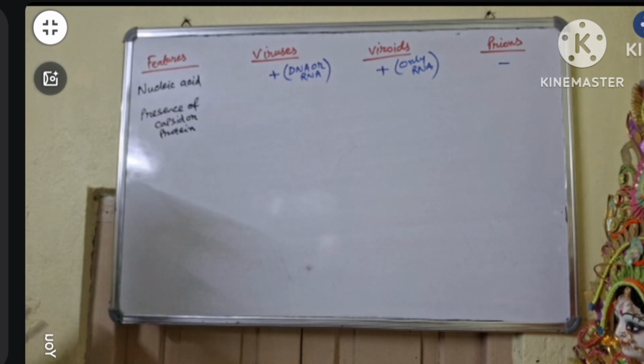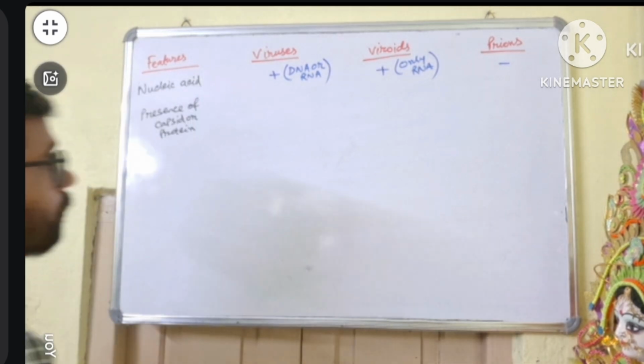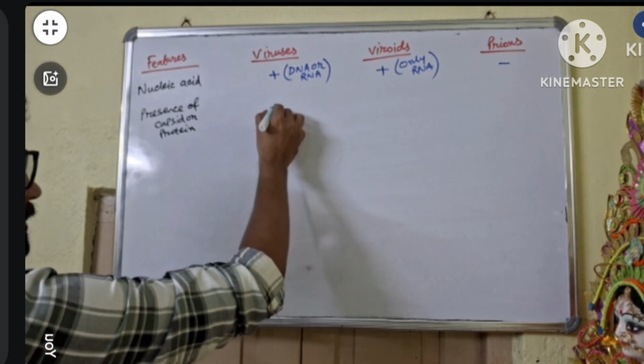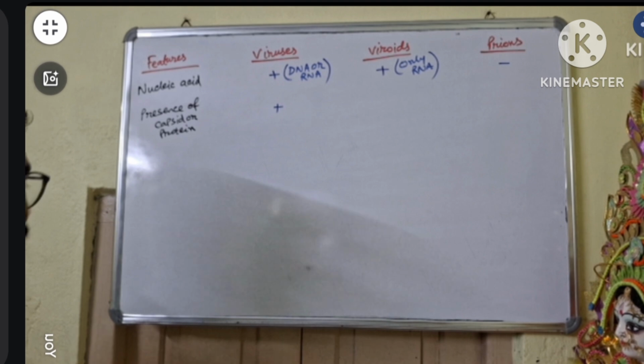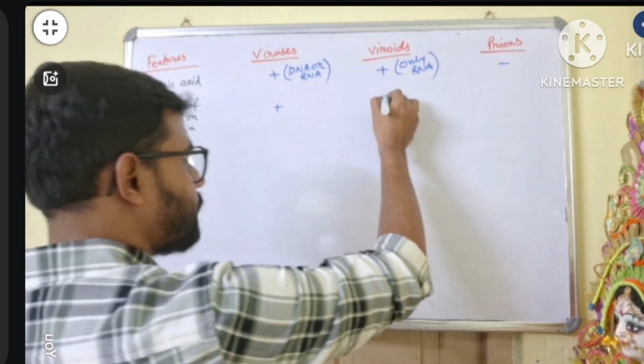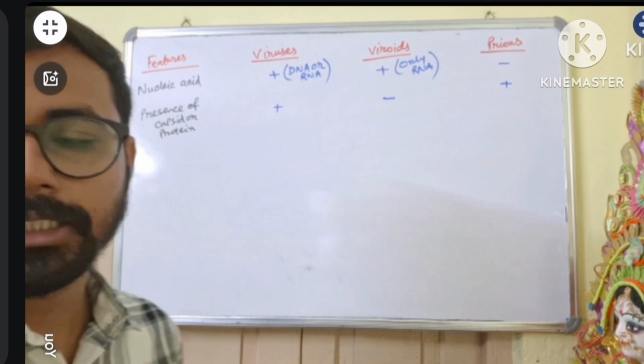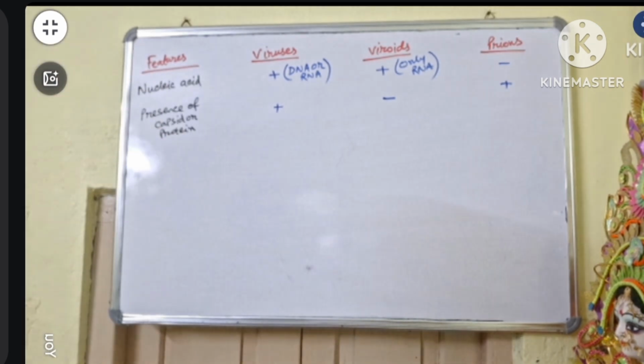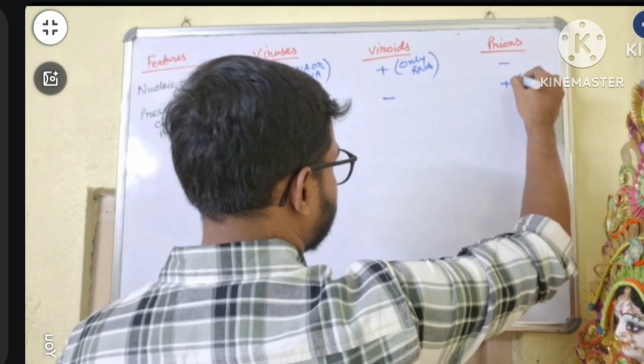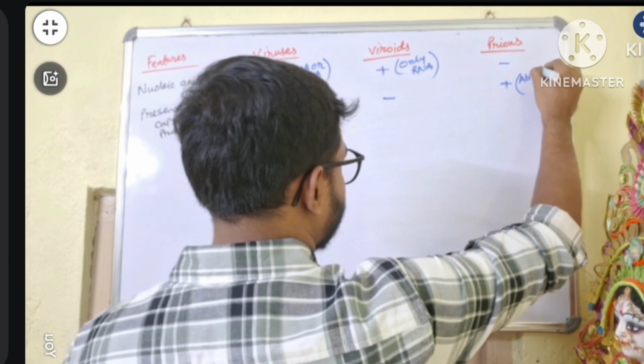Now answer me. Present or absent? Virus, capsid present. Viroids, absent. Prions: obviously the protein is the infectious part, so the protein is abnormally folded. You can write it over here.